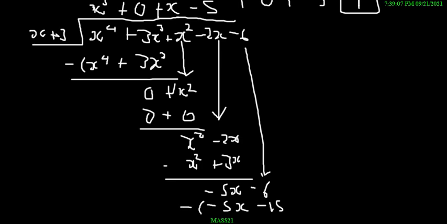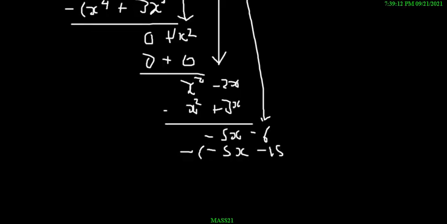Then subtract. Negative 5x minus negative 5x is 0. Negative 6 minus negative 15 is going to be 9. You can see that we've gotten the same answer.